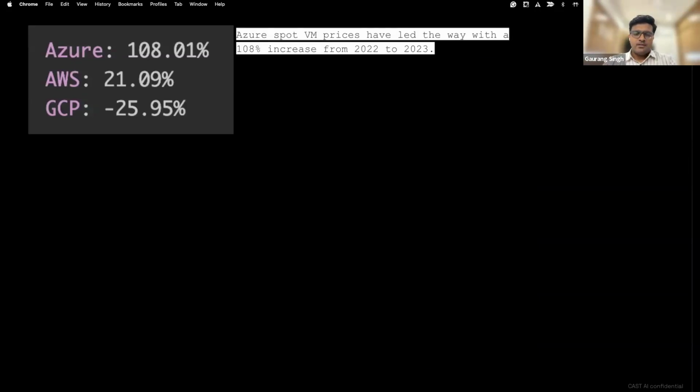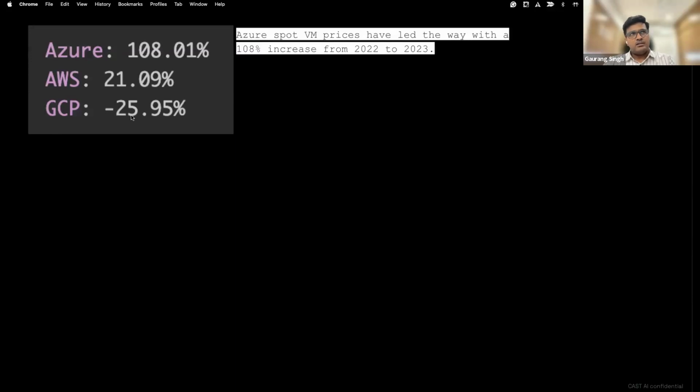Since we have data and we manage lots of clusters, we started gathering data and tried to understand how much the spot prices have increased. So we aggregated the data and found out that on a cloud basis, in Azure, spot prices have increased almost by 108%. AWS and GCP were almost the same.